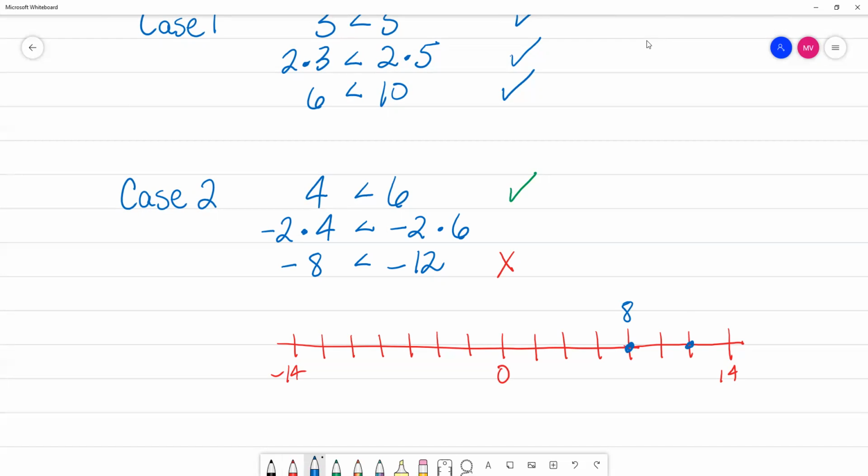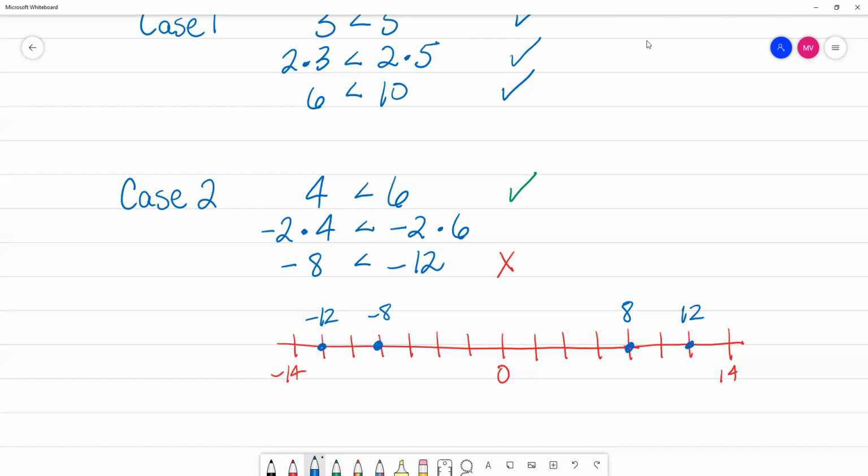Here's 8, and here's 12. Then on the negative side, here's -8 and here's -12. The smaller number in negatives is closer to 0, which is closer to positive, therefore it has a higher value.